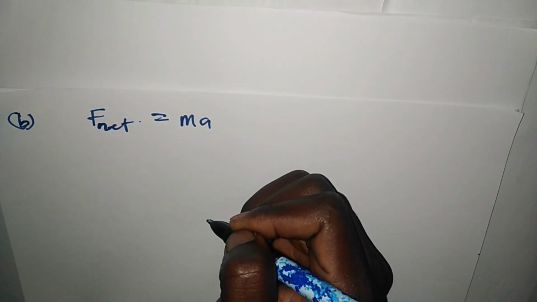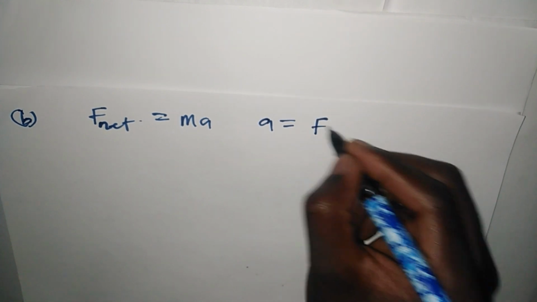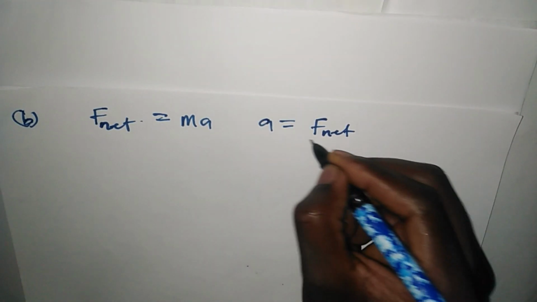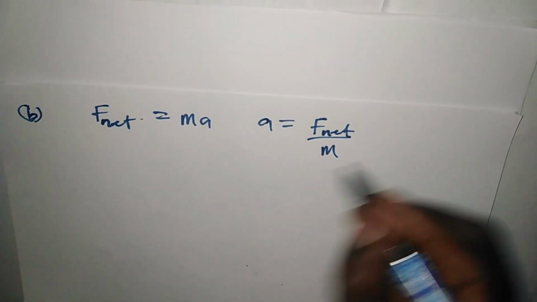So B, they say that we should calculate the acceleration of the box. We know the net force is 100. Net force is equal to mass times acceleration. So acceleration in this case is going to be net force all over mass.